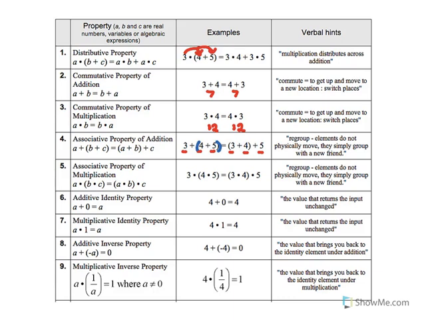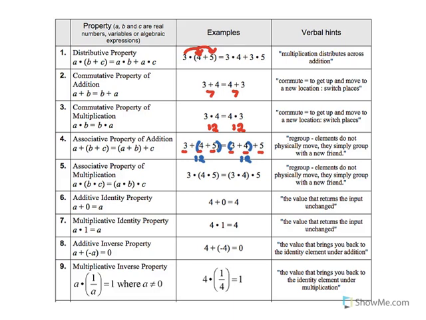So when I do 4 plus 5, I get 9. Then I add the 3, I get 12. Here, I'm grouping the 3 and the 4 first. So 3 plus 4 is still 7, and when I add the 5, I still get my 12. So that is called the associative property of addition.